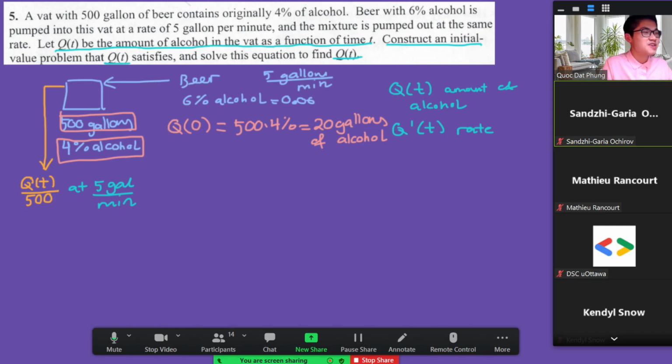Are there any questions so far before we actually solve this problem? Now, the formula that is very important to know is dQ/dt is equal to rate in minus rate out.